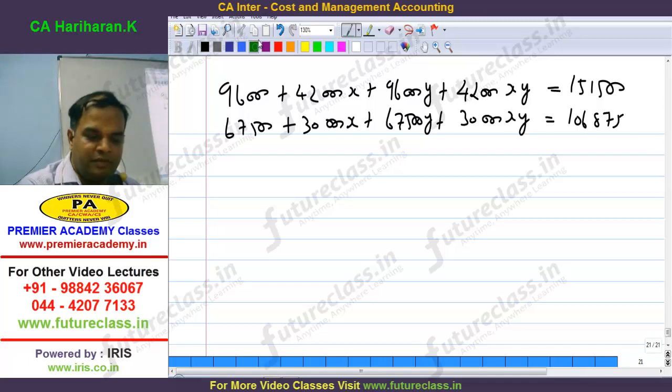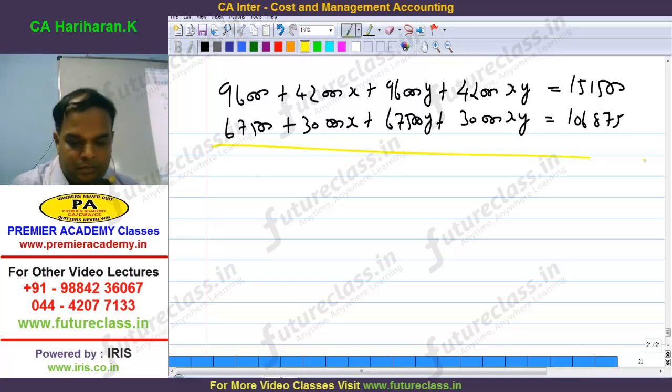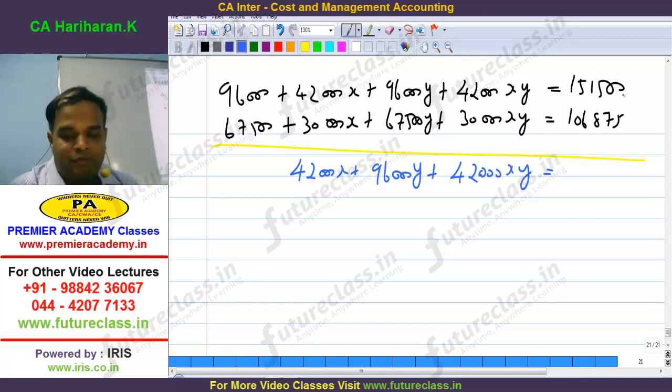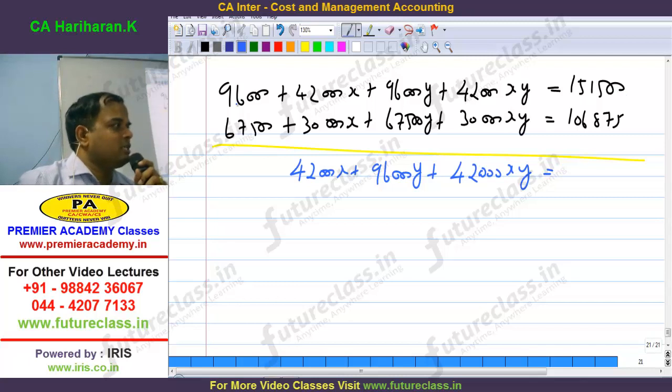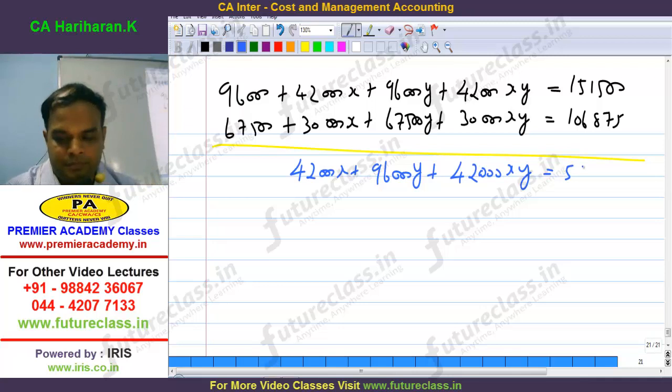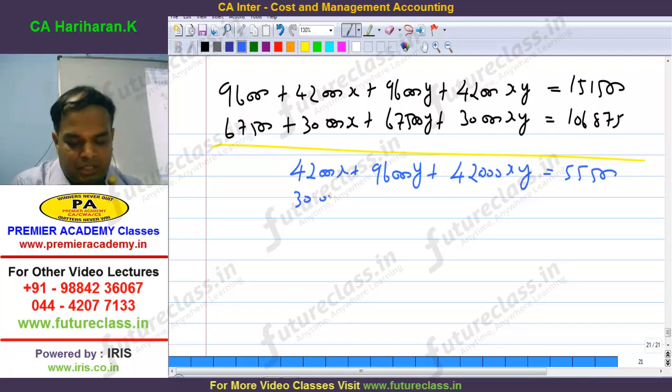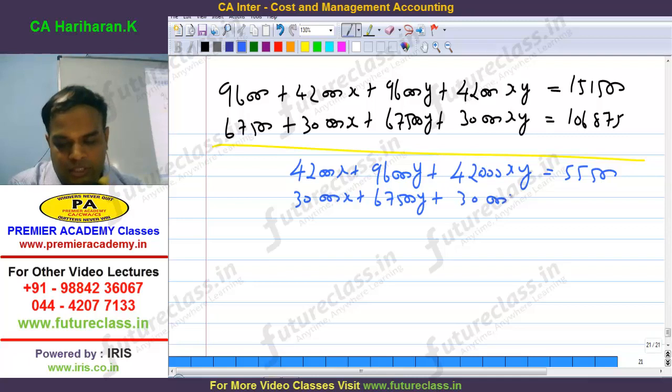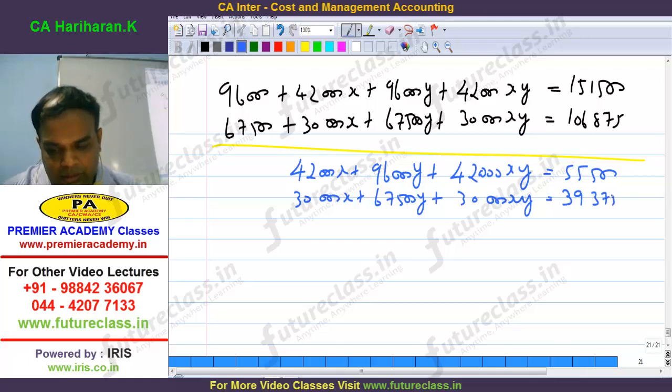Now, further simplification. 42,000 x plus 96,000 y plus 42,000 xy is equal to 1,51,500 minus 96,000. Right? Comes to 55,500. Similarly, 30,000 x plus 67,500 y plus 30,000 xy is equal to 39,375. Got it? Up to this stage comfortable?